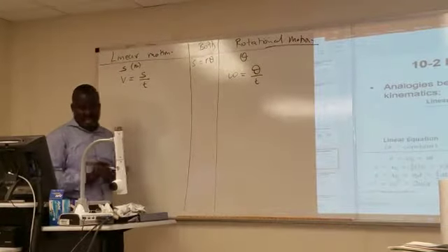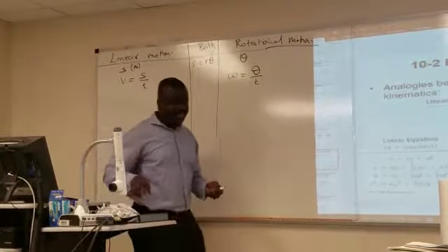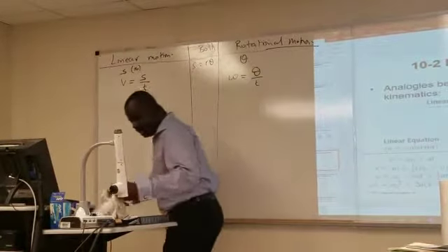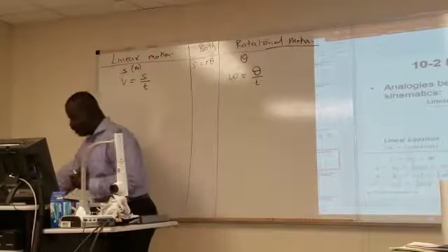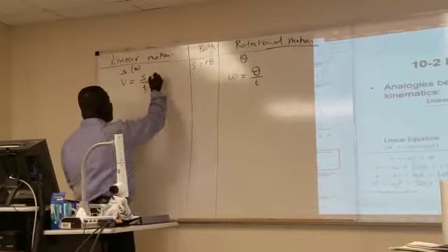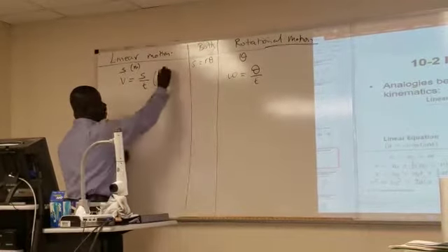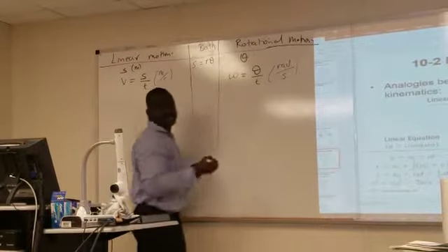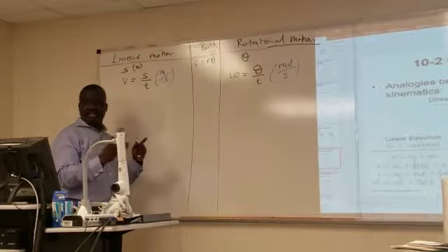Is that clear? Now, the thing you got to understand is this. There's a similarity in units. Here we say it is meters per second. Here we say it is rad per second. You see the similarities?